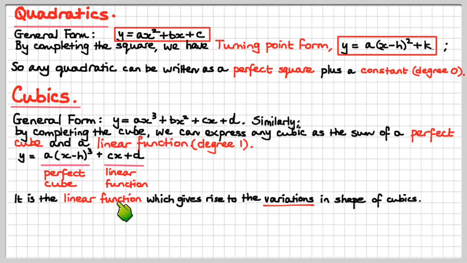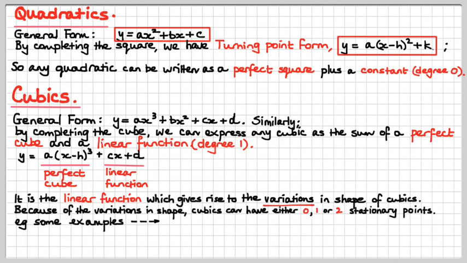It is this linear function, this bit here, where c and d are still allowed to be 0, but can also be non-zero. It's completely flexible. So it's this linear function which gives rise to all those crazy different shapes of cubics. This is very fascinating.